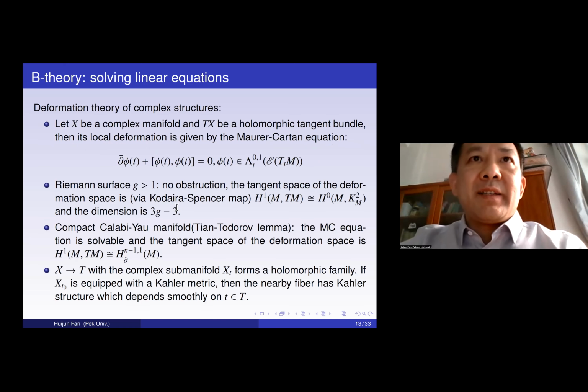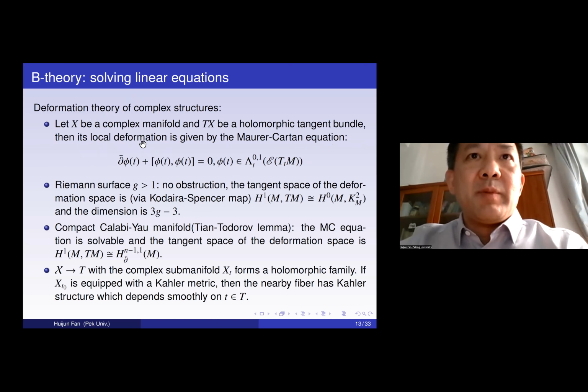From the B side, in some sense, this is solving some linear equation. But of course, the first step to study the B theory is to study the deformation theory of complex structures. For example, we consider X a complex manifold and let T_X be the holomorphic tangent bundle.